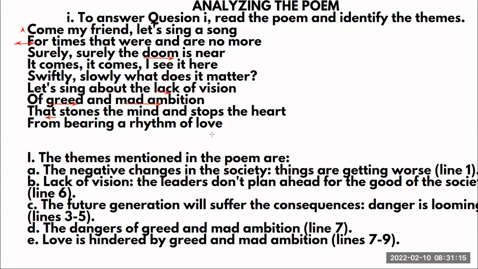Now, it is love hindered by greed and mad ambition. All right, because here we can see the connection. We can see the cause and effect. Greed and mad ambition stones the mind and stops the heart from bearing a rhythm of love. So that actually is the situation.